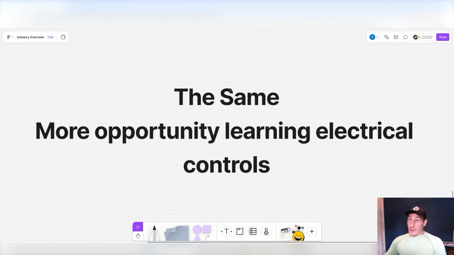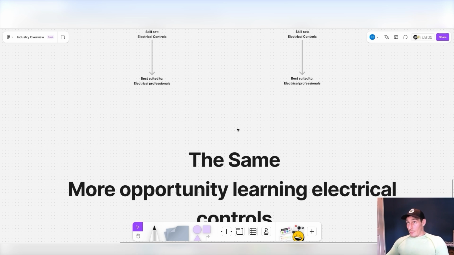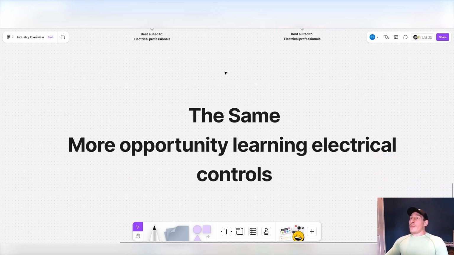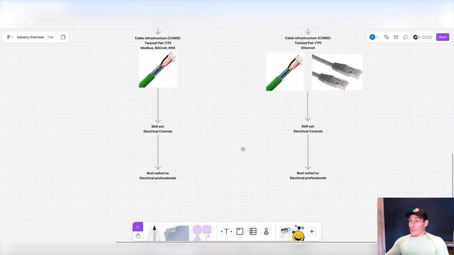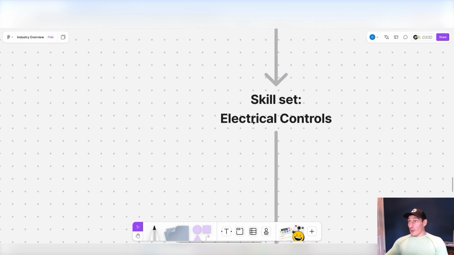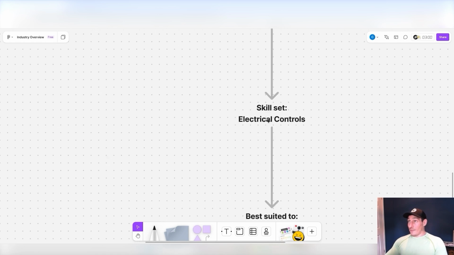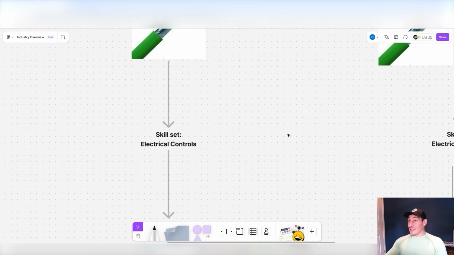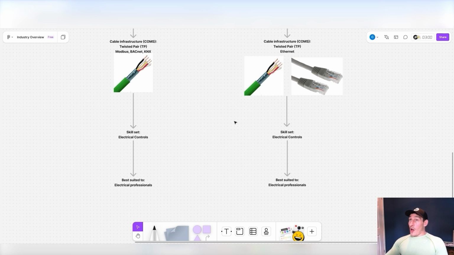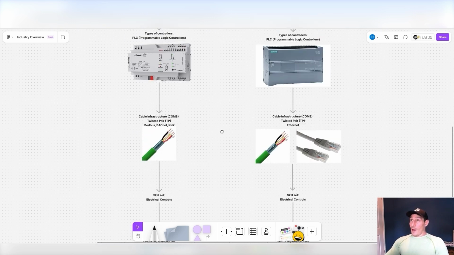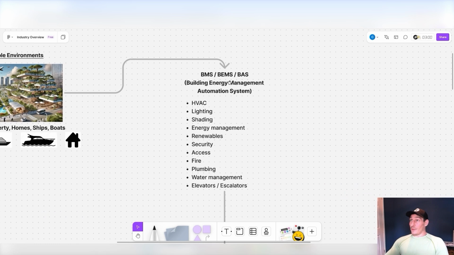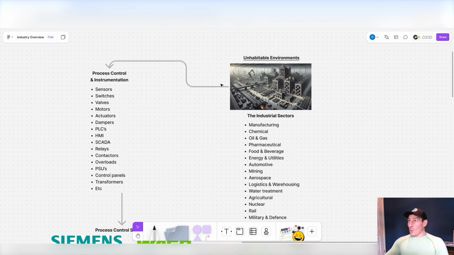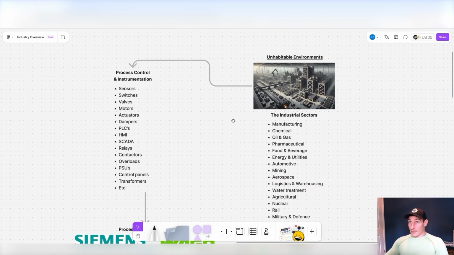So what I encourage people to do, if you are from an electrical background, an electrician, a maintenance engineer, an electrical engineer or heating engineer or mechanical engineer, this is the skill set I would encourage you to learn. Get this under your belt as the fundamentals, because that's the beginning of crazy amounts of opportunity for you, where you can go down this route into the BMS industry, or you can go down this route into the industrial sectors.